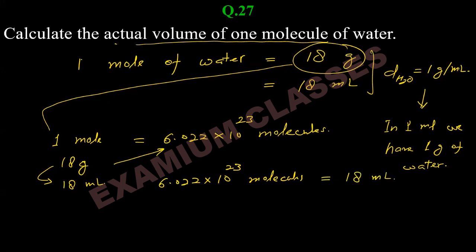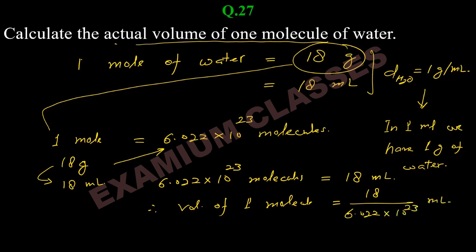So it means these many molecules occupy 18 milliliter space. So what will be the volume of one molecule? That will be 18 milliliter divided by 6.022 into 10 power 23.